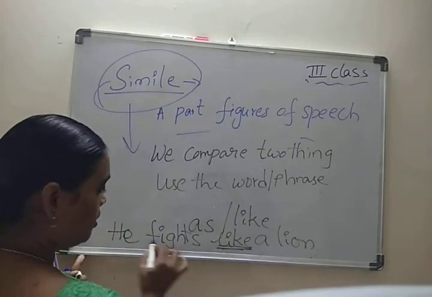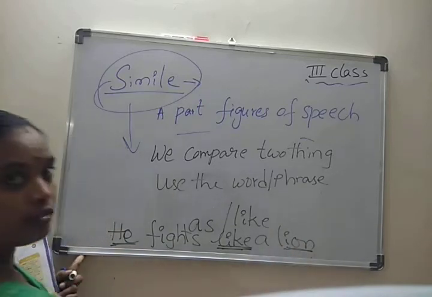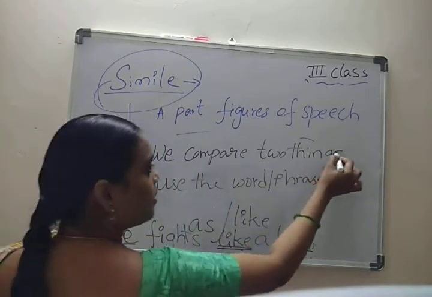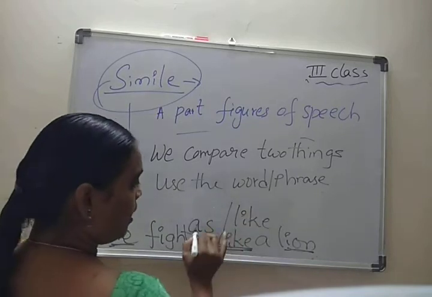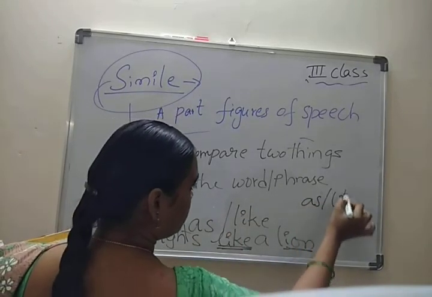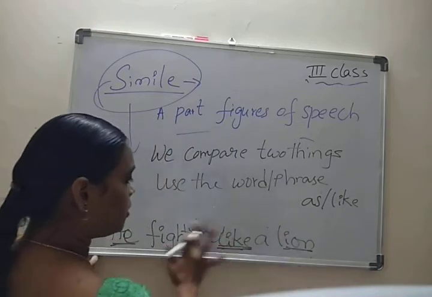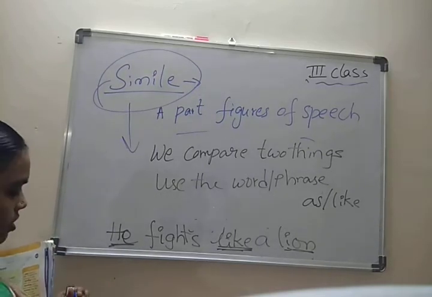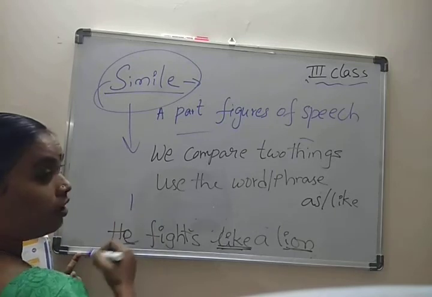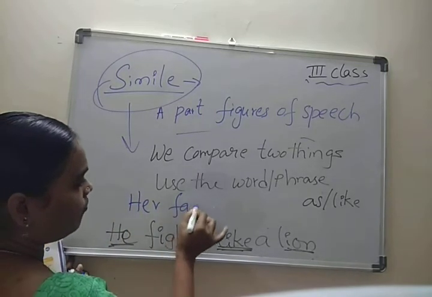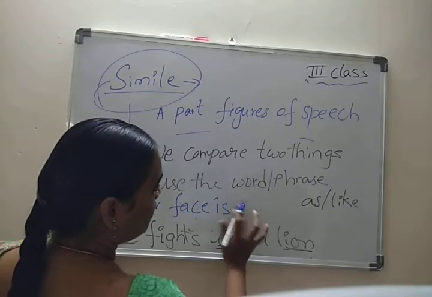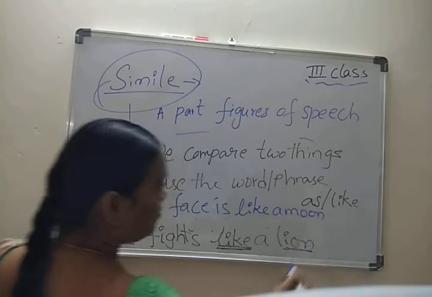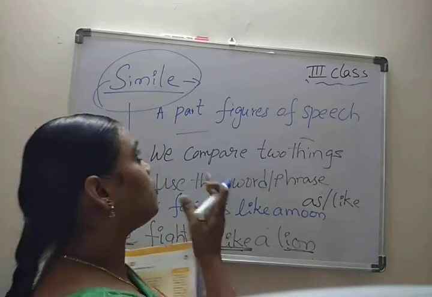Here, like means he is compared with a lion. Comparison between two things, using the word as or like. What is the example of that? He fights like a lion. Okay. Her beauty is like a moon. Or her face is like the moon. That means the brightness. This is about simile, children.